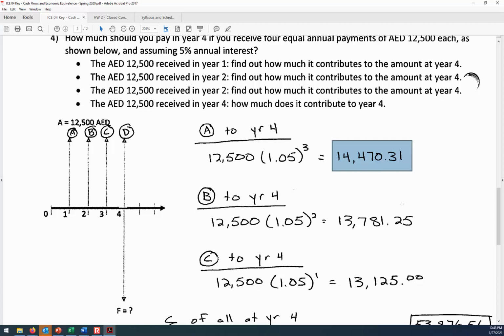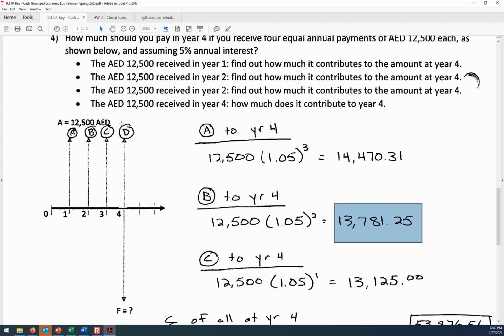And so 12,500 compounded for 3 years at 5% per year means that that value in year 4 is going to be 14,470. And then arrow B, which is the same 12,500, but now in year 2, it only needs to be compounded forward 2 years in time. So we find the amount for that particular arrow once it's been moved from 2 to time 4. And you've got to do the same thing with this arrow C to move it 1 year forward in time.